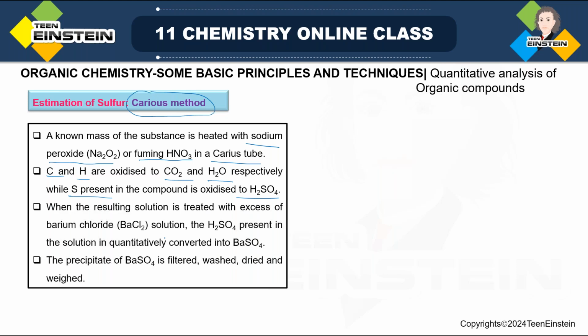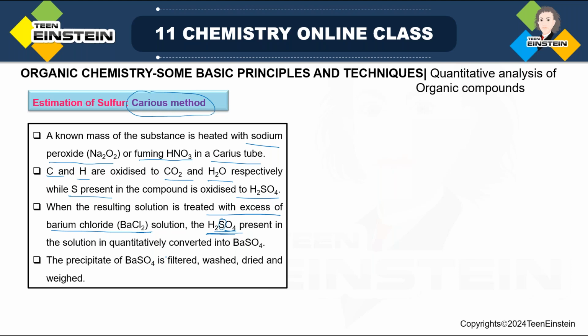Now this resulting solution, once the heating is complete, will be treated with excess of barium chloride. When it is in the presence of barium chloride, the sulfate ion in the sulfuric acid, which we have obtained from the sulfur of the organic compound, will be exchanged with the chloride ion.